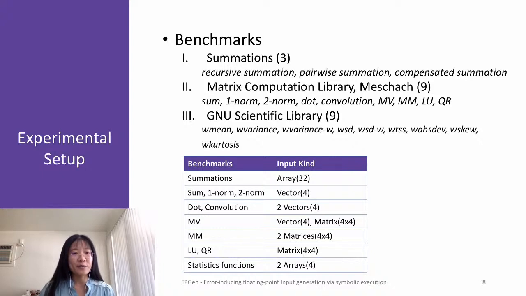First, we include 3 summation programs that take arrays as input, and we include 9 matrix computation programs in the Matrix library that take vectors and matrices as input. And lastly, we include 9 statistical functions from the JSL library that take arrays as input.